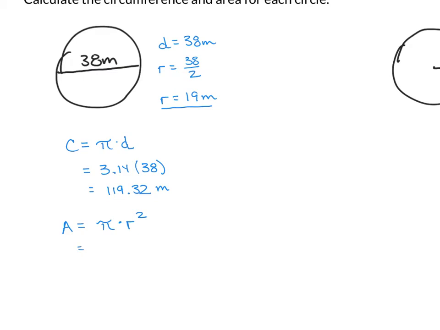If we plug in, we get 3.14 times 19 squared, or if you want, you can multiply 19 times 19. I'm going to use a calculator again, just to speed this along. I get 1,133.54, and my meters are going to be squared since we are talking area.